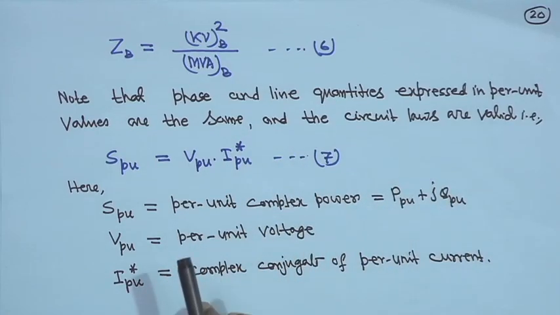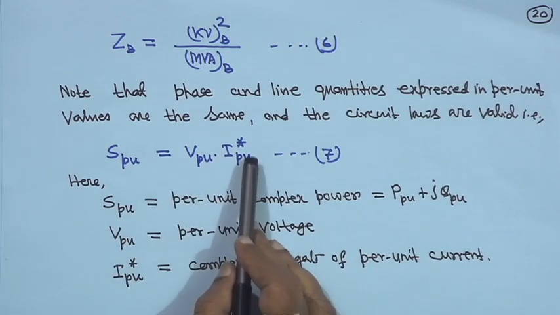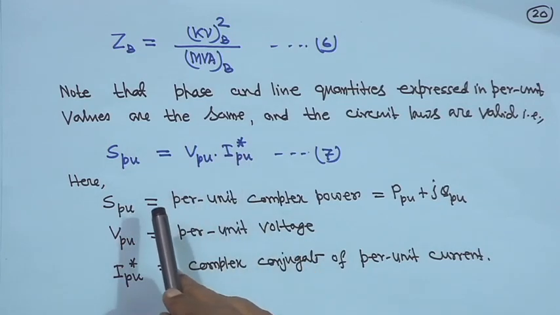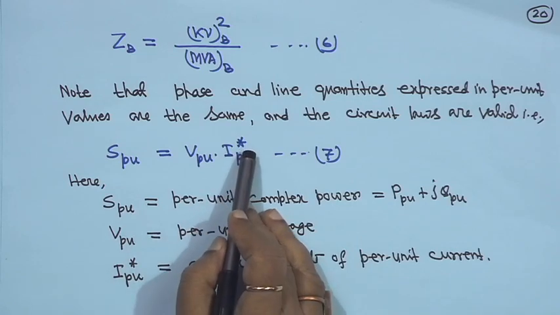This is true. Now, power SPU is equal to VPU into IPU conjugate. Why this conjugate comes, I will come to that when we study load flow studies. This conjugate comes to capture the power factor angle when voltage and currents are purely sinusoidal. We will come to that for load flow studies.